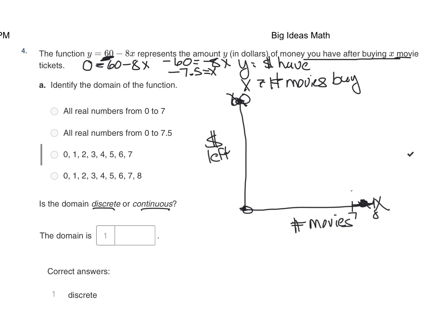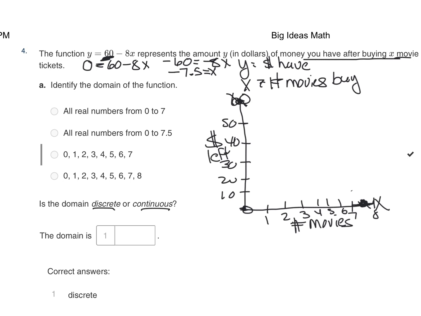Our money's going to change every time we buy a movie. So let's just say if I have 50, 40, 30, 20, 10, and 1, 2, 3, 4, 5, 6.